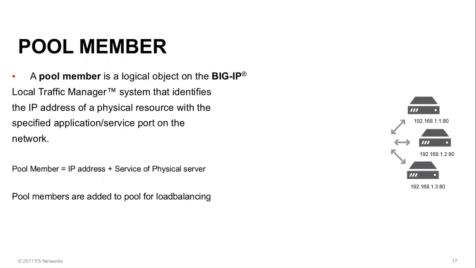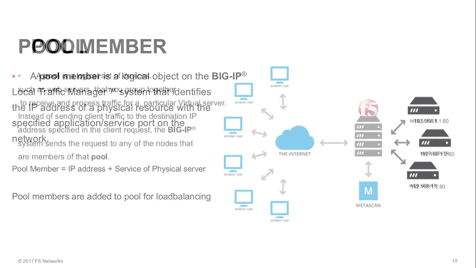If you're running an HTTP application on those servers, F5 regards this as a pool member with the port, because the HTTP port is 80. If it's FTP, it's maybe 21. You understand? So the combination of the IP address and the port makes the pool member in an F5.